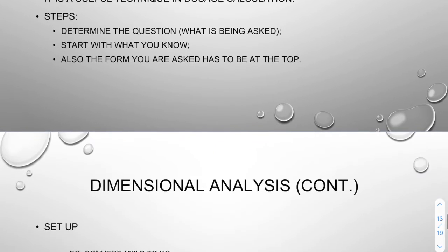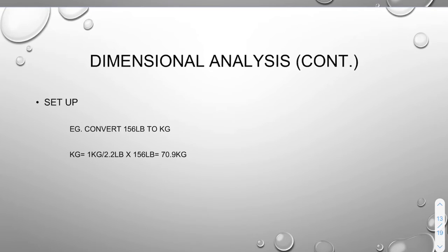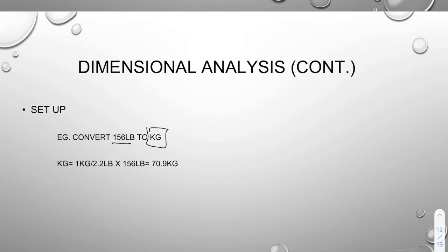We'll have an example down here. For example, if you are asked to convert 156 pounds to kilograms, the question is kilograms, so this is how you'll start. Your answer has to be in kilograms, so you'll start with kg. You know from what you have studied on conversion that 1 kilogram is 2.2 pounds. So you'll say 1 kg divided by 2.2 lb times 156 lb.